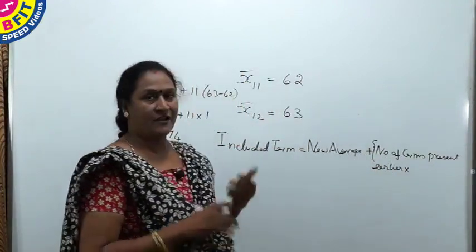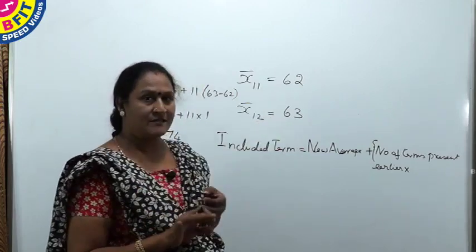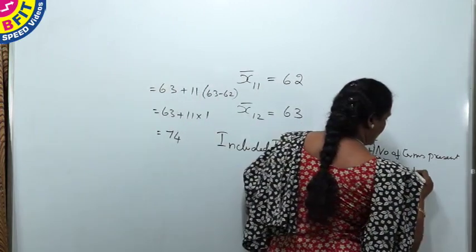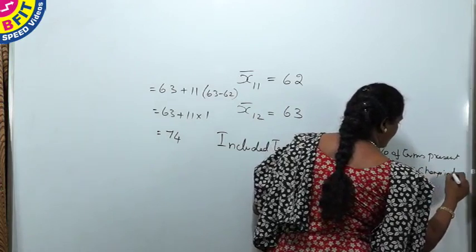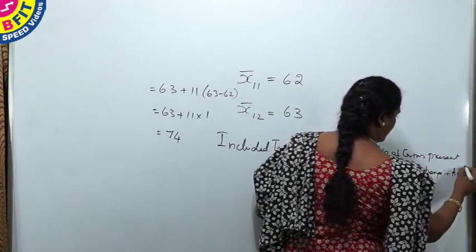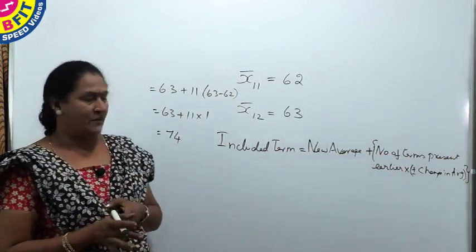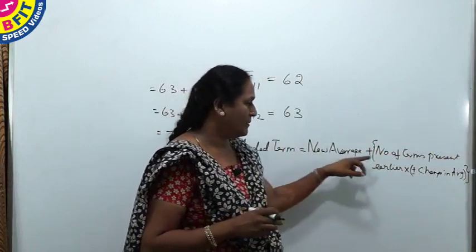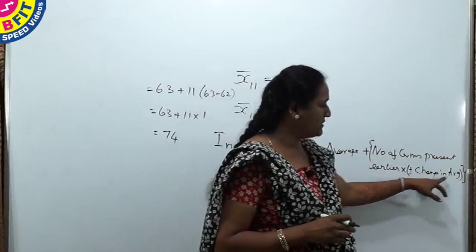When the average increases, we take the plus sign, and when the new average is less than the given one, we take the minus sign. So the included term can be found by simply adding the new average plus the number of terms present earlier into plus or minus the change in average.